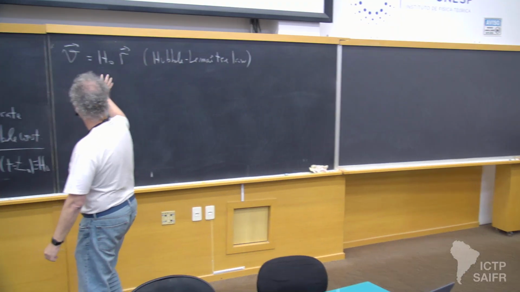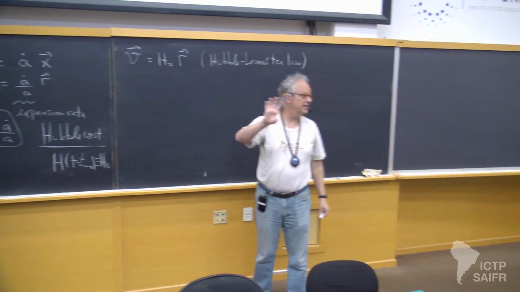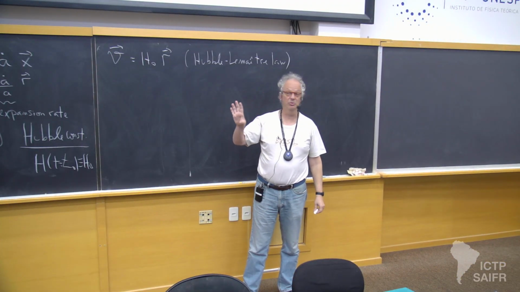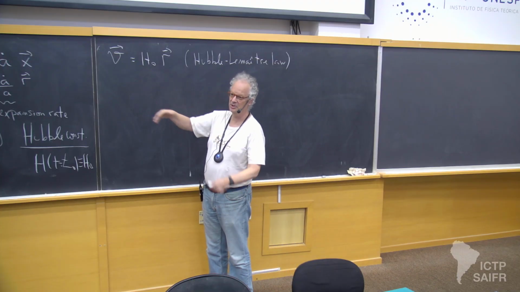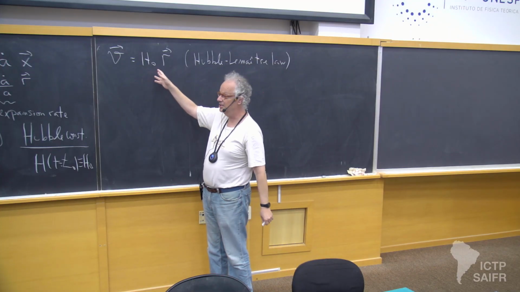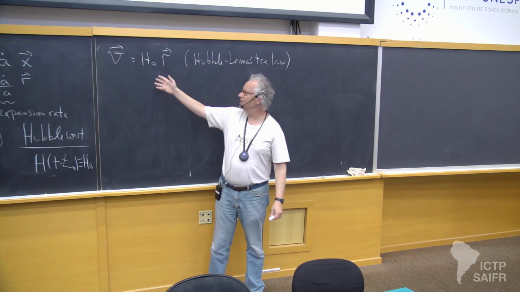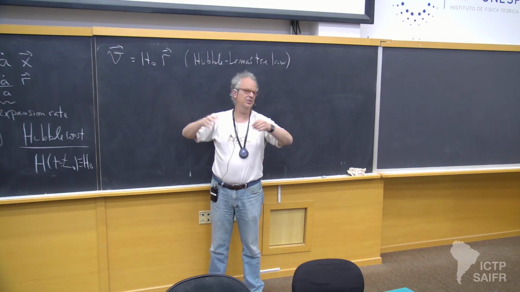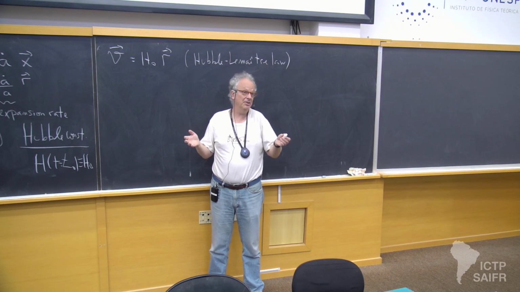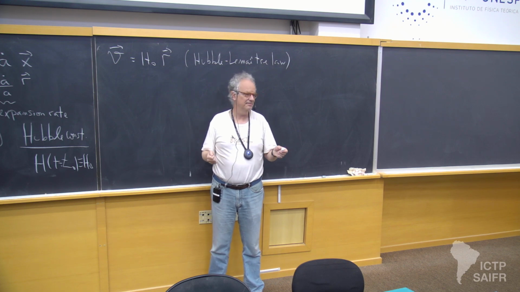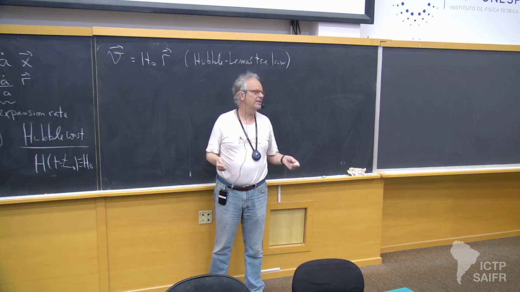You expect changes in this for two reasons. One is because this is not a constant. If you look at large distances, this will change. But the other is whatever I think you asked. This is only assuming that the object expands with the universe. But it's possible that there's some local motion, and these are called peculiar velocities.